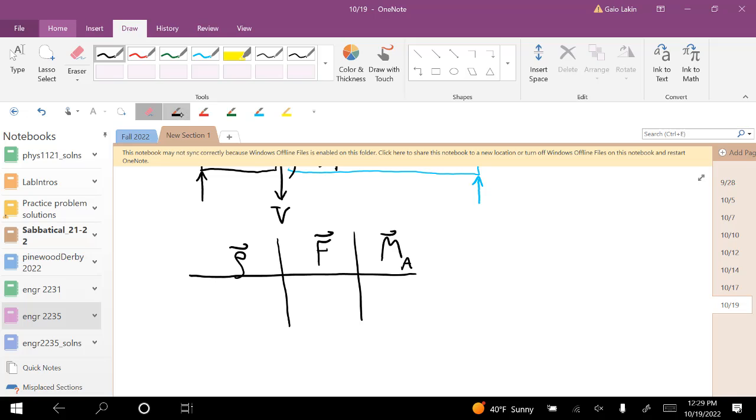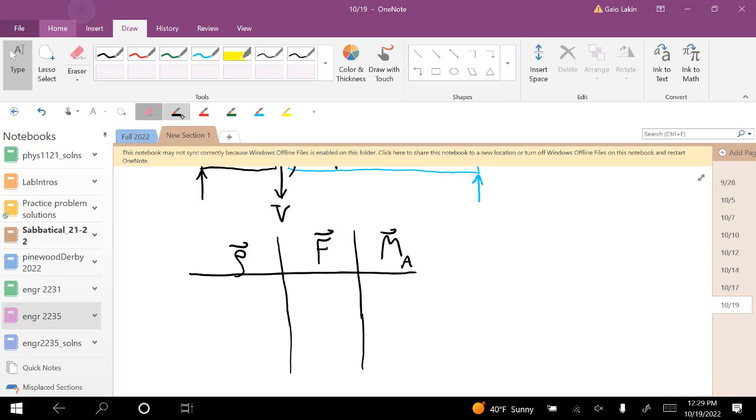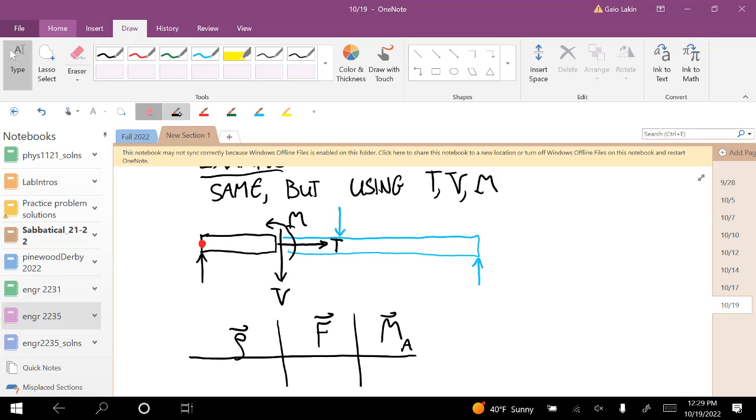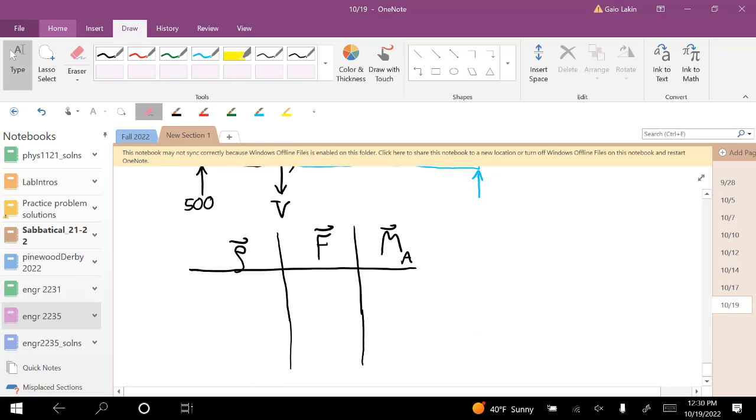You don't have to. It's just like any other rigid body statics problem. But for these, you'll always want to use that same point. And this upward force is 500. Okay, so that 500 Newton force, the rho vector is 0. Force vector is 0, 500.